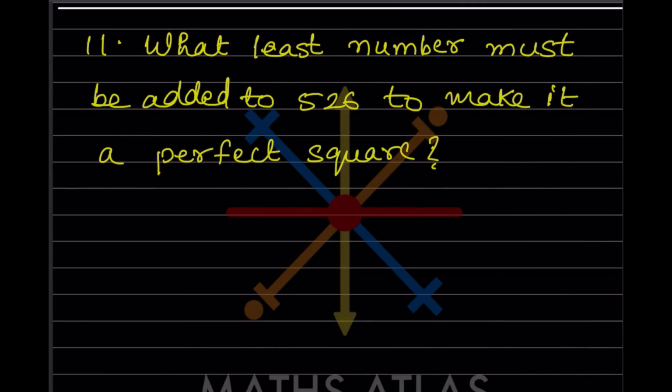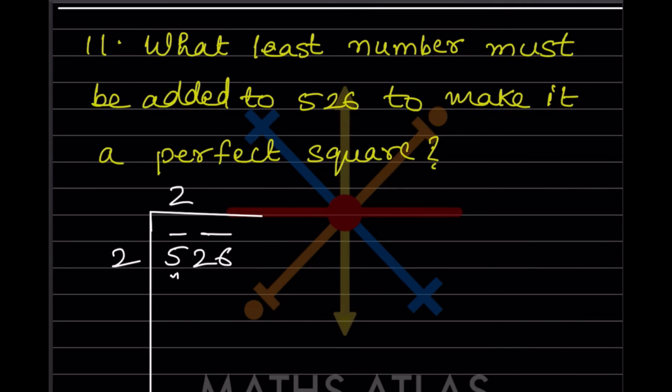So now again here we will do here 526. We are going to consider this one number, that will be 2 2s are 4. So this will be 1. Now we are going to add this one. So this is going to be 4.